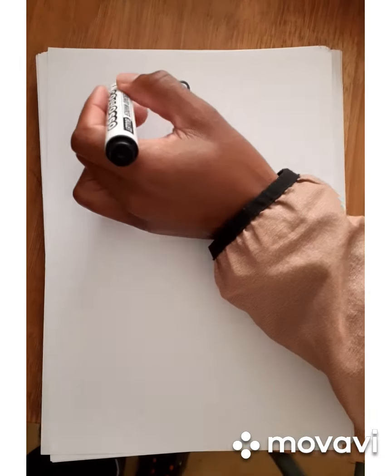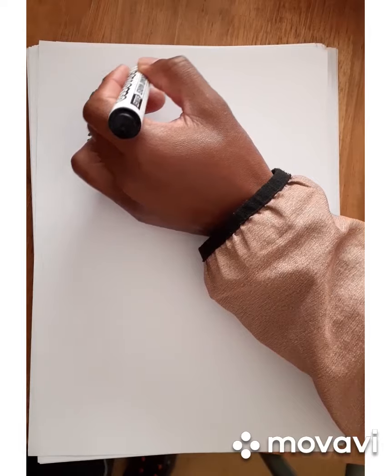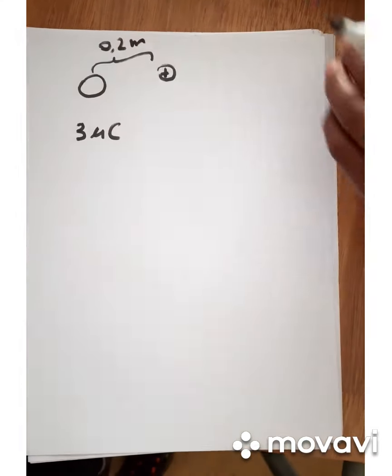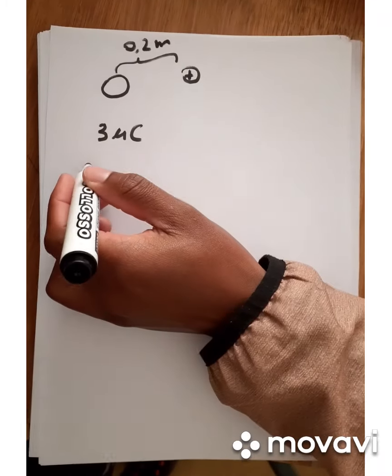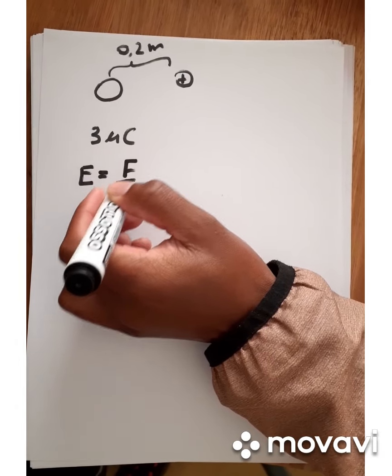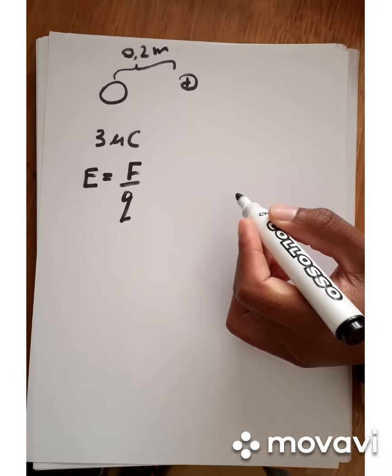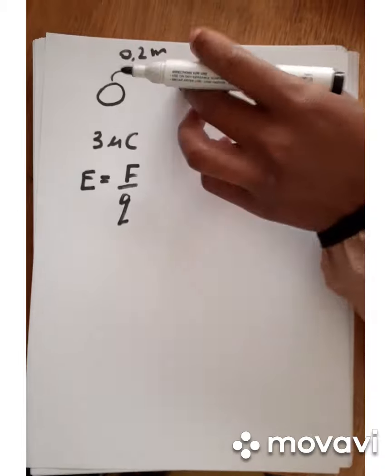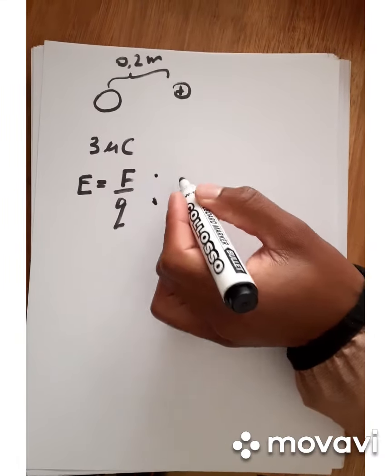And suppose the distance is 0.2 meters, I'm just saying. So therefore, electric field strength E is going to be F over q. But are you given F? No, F is not given. Therefore, you try another formula.